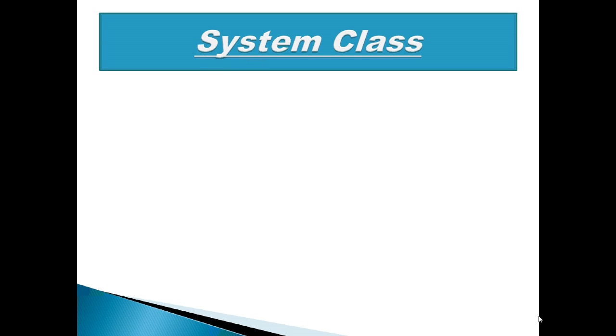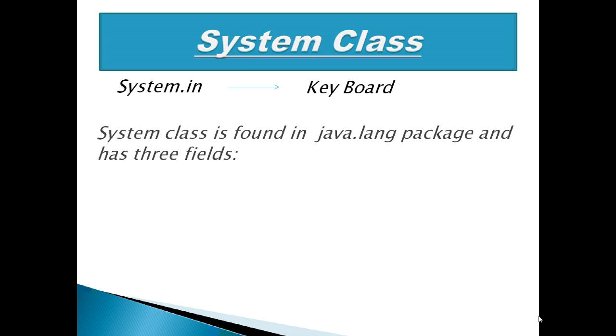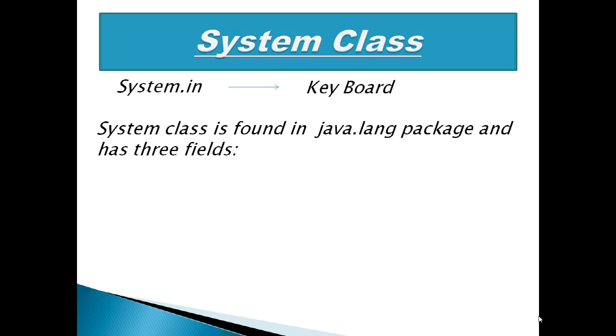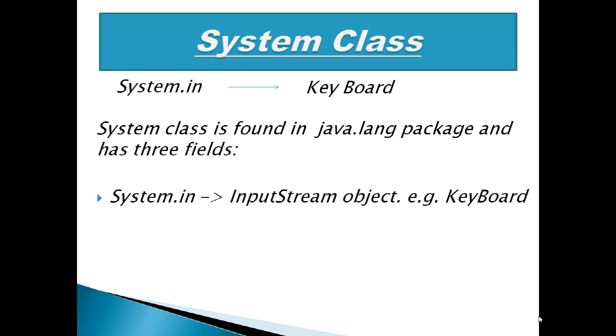Keyboard is represented by a field called in in the System class. When we write System.in, we are representing a standard input device, that is keyboard. By default, System class is found in java.lang package and has three fields. First is System.in. This represents input stream object, which by default represents standard input device that is keyboard.